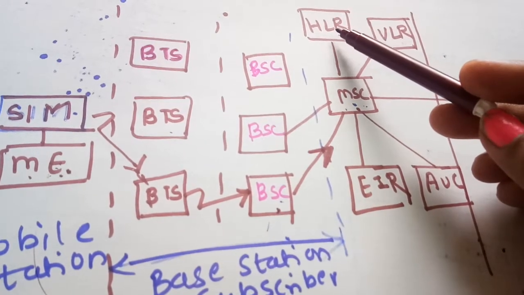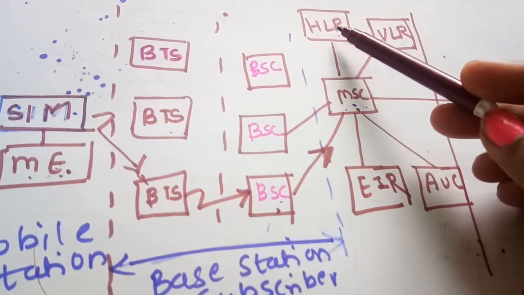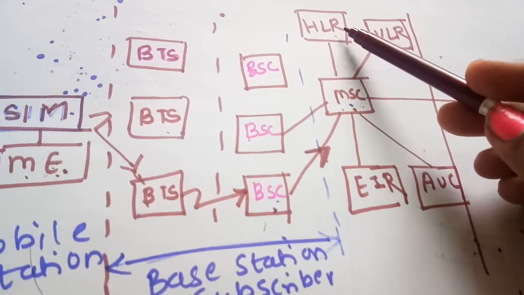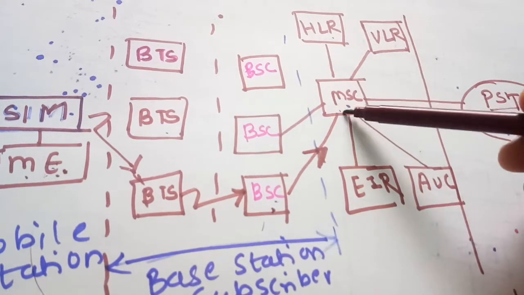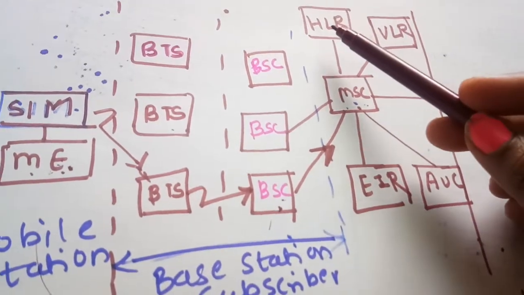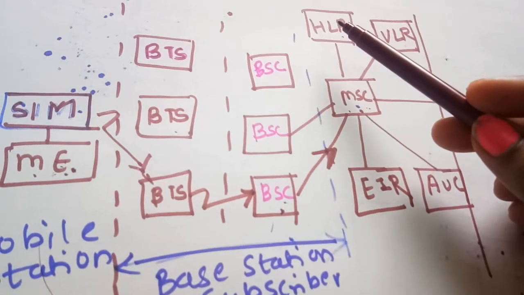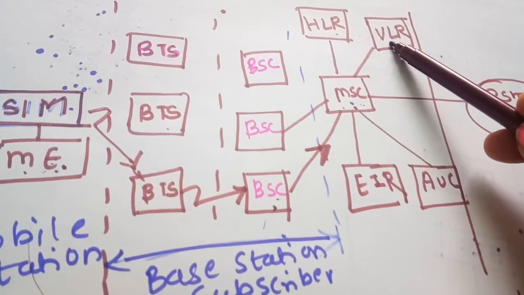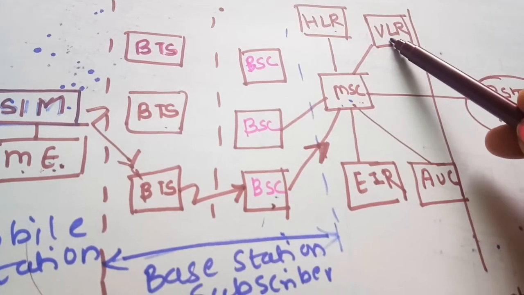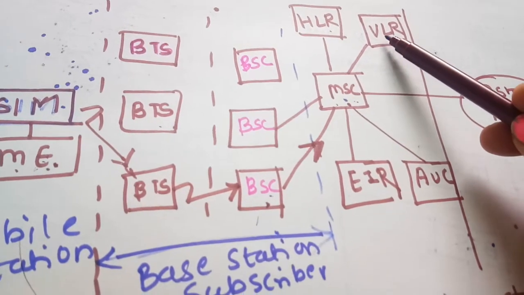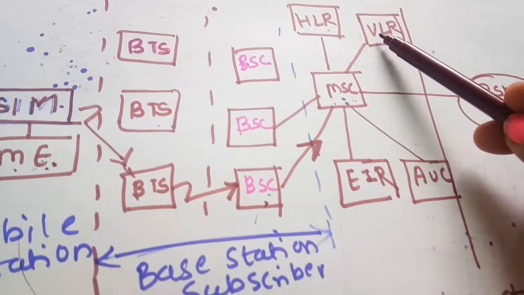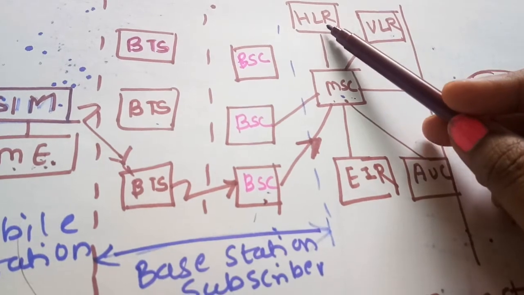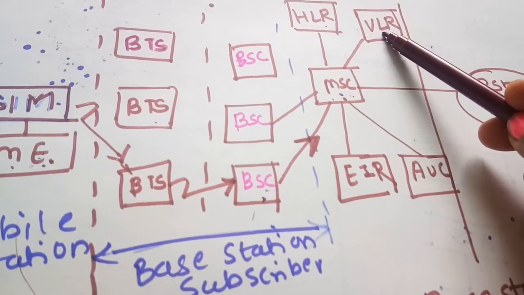The call location and the last call timing are saved. All the information of mobiles in a particular area is available with the HLR. When the mobile is identified outside its home network, limited information is available with the VLR. VLR is the Visitor Location Register. This is the home location register and this is the visitor location register.